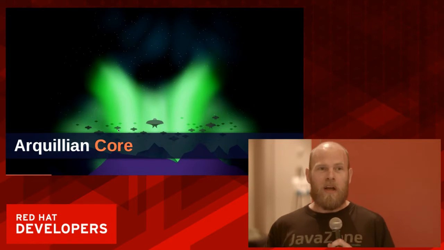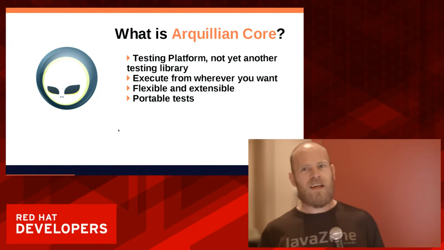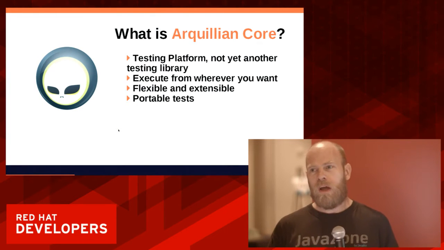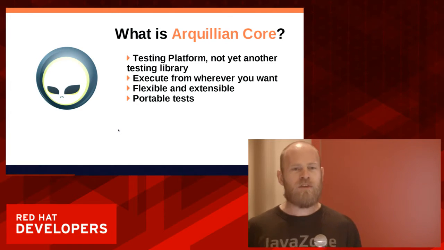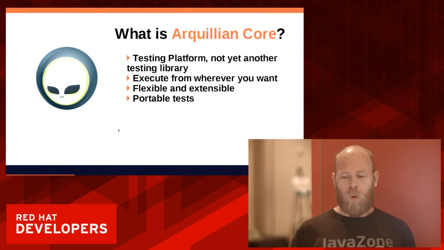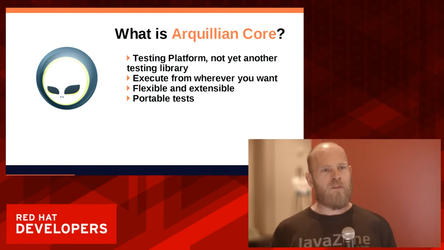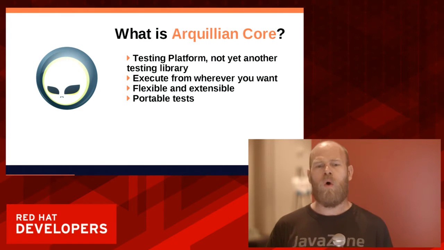First thing we're going to talk about is Arquillian Core. Arquillian Core is essentially a testing platform. It's not a testing library. We're not trying to be JUnit. We're not trying to be TestNG, but we integrate with all of them. And one of the core points is to be able to execute the test from wherever you want, that being your build system or your IDE.